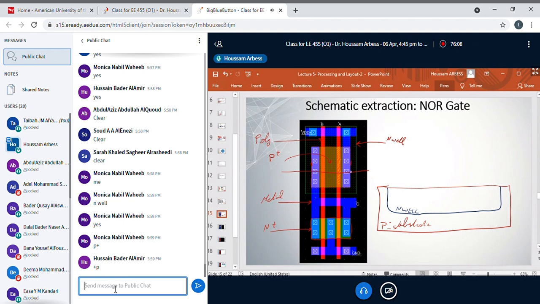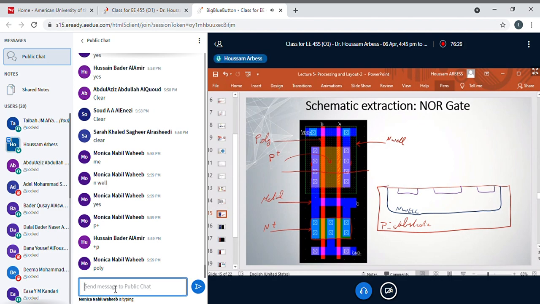I have to remove P plus only where I have what? The polysilicon, right? So I have P plus from here to here, then from here to here, then from here to here. Correct? From here to here I have poly, and from here to here I have poly.